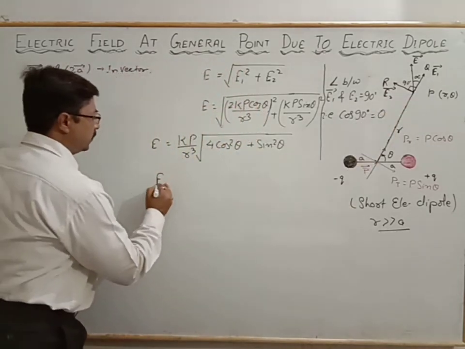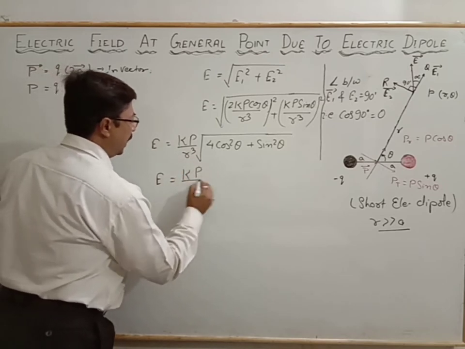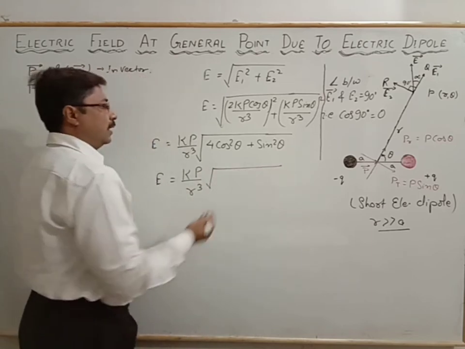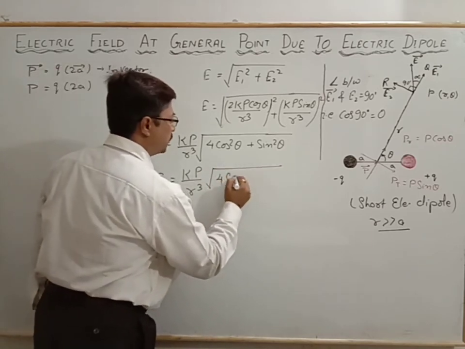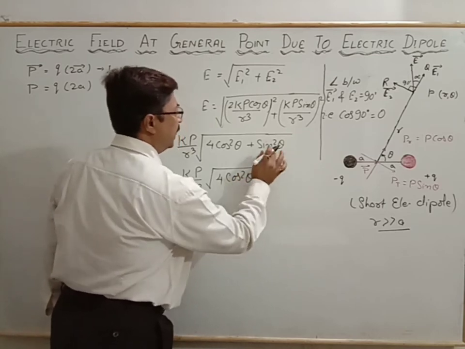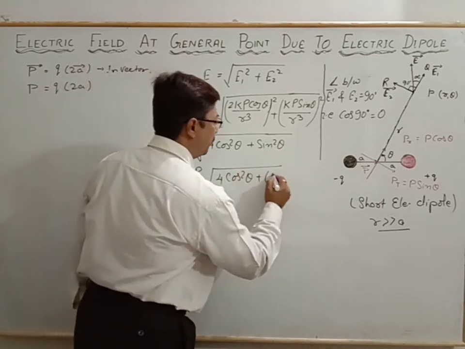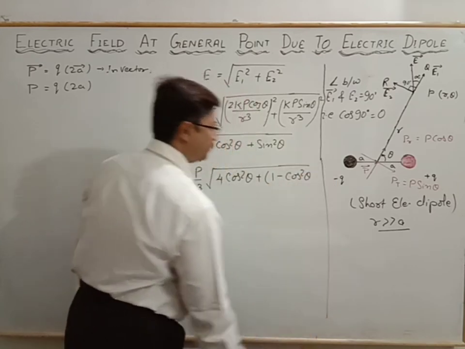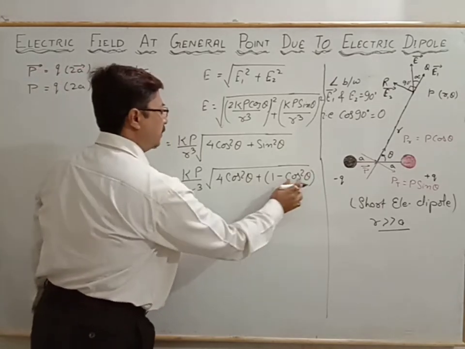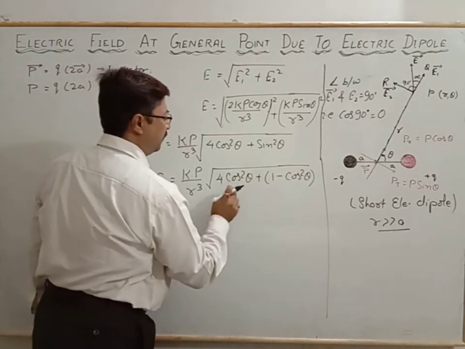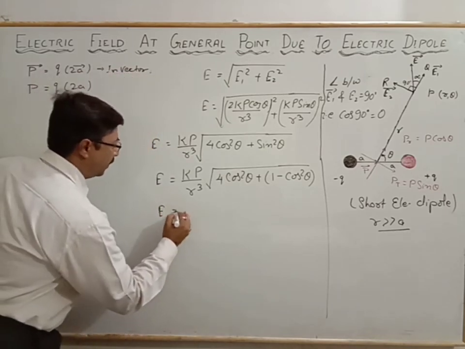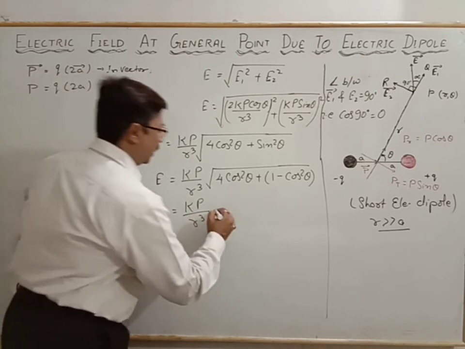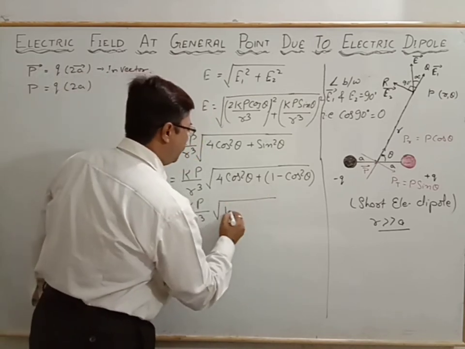So E is equal to kp by r cube, and this we write as root of 4 cos square theta plus, in place of sin square theta, we use 1 minus cos square theta, which is the trigonometric relation. So it is kp by r cube root of 1 plus 3 cos square theta.